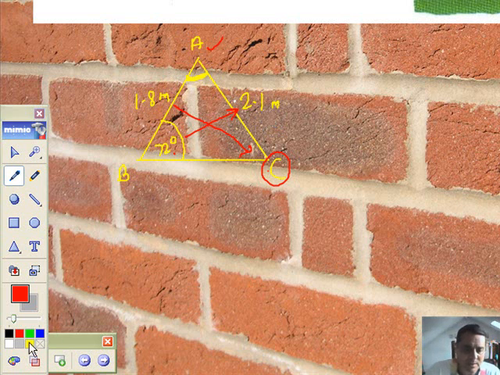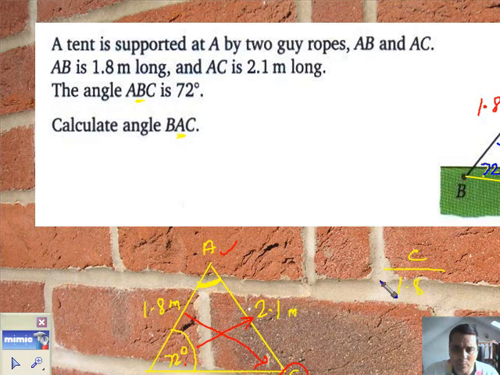So here we go, let's just do the sum because it's really easy. I want C divided by 1.8, well it's actually the sine of C, because we're playing with angles.